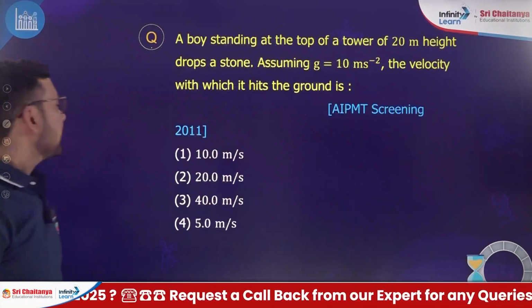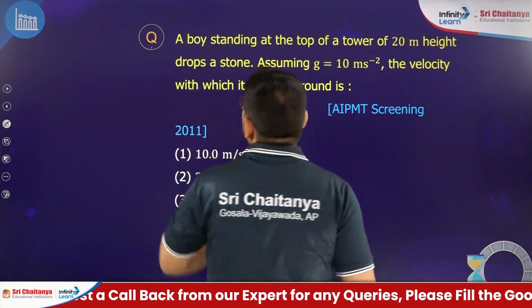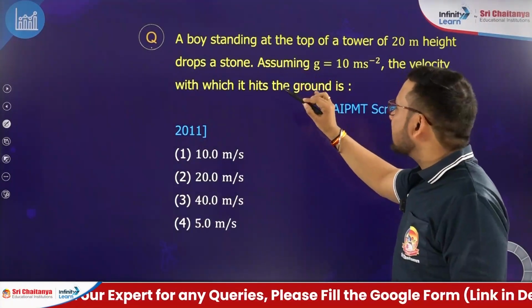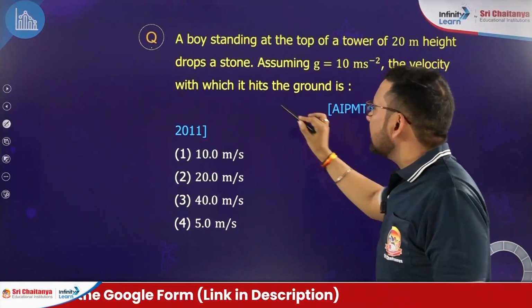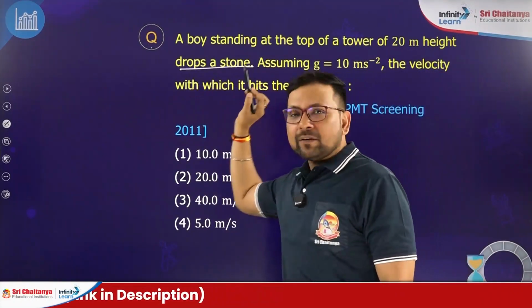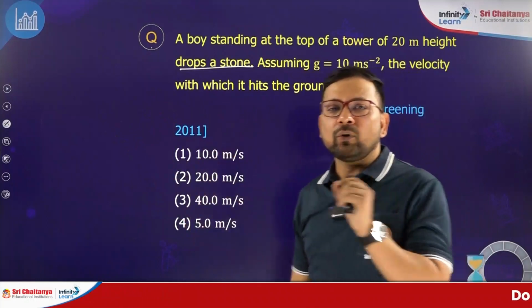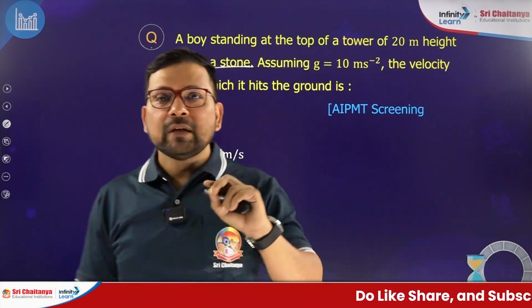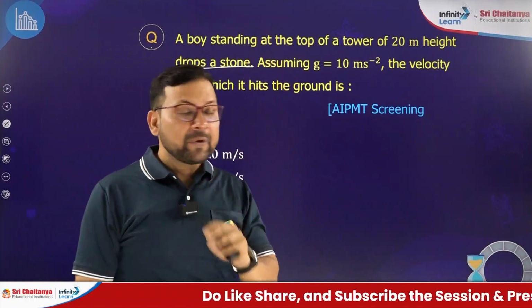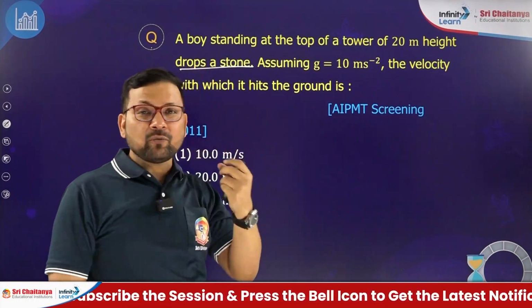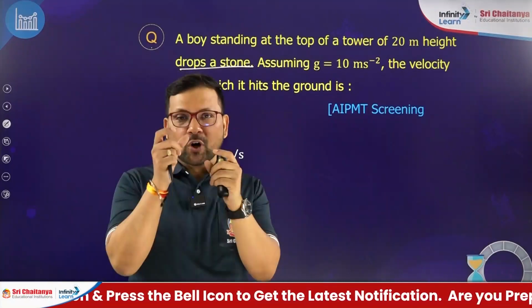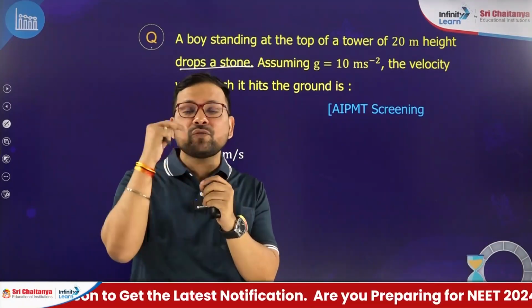See this question, AIPMT screening 2011. A boy standing at the top of a tower of 20-meter height drops a stone. We picked our first category of question, either upward or fall. So in this question, the motion under gravity is a drop. Again, in a drop, what becomes very important? Drop means initially the frame is what?